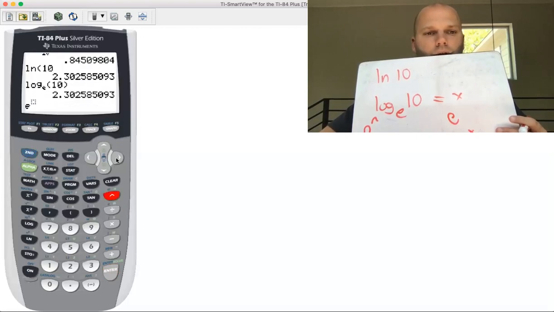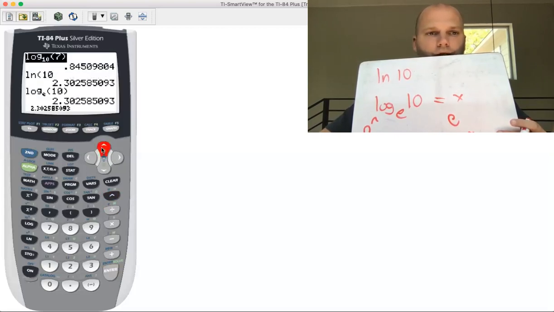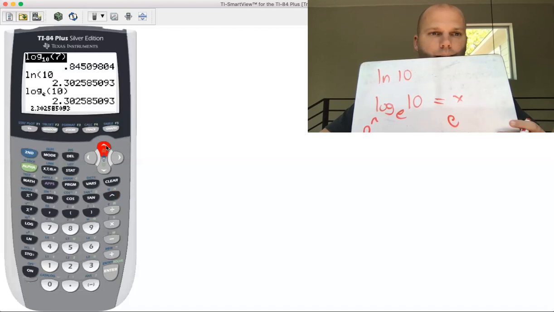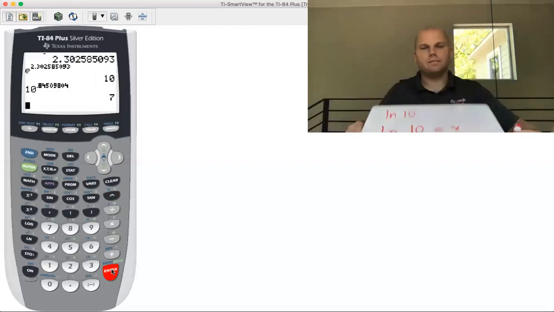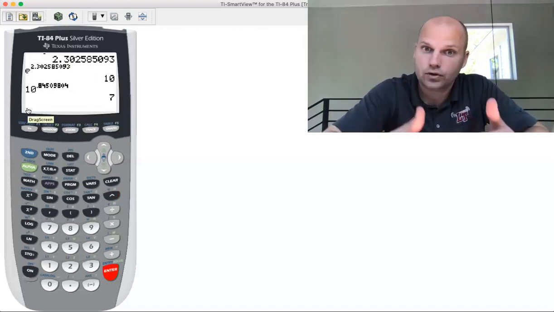E to this number equals 10, just like how I said in the other example, that 10 to the 0.84 will give me 7. Okay, so I hope this clears things up with plugging things into your calculator using logs, or inverses of exponents.